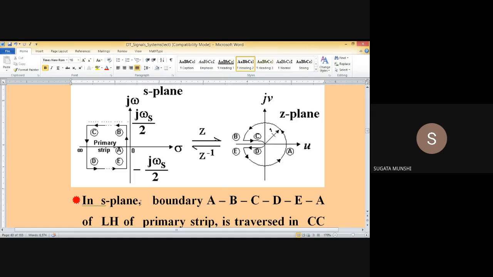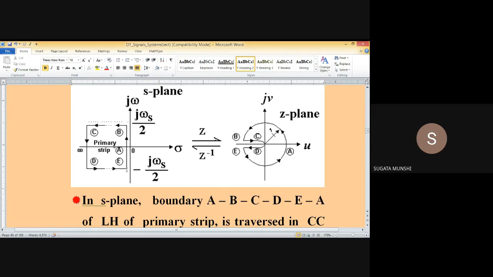All right. As you travel from D to E, the value of sigma will become progressively less negative. Omega will be constant at minus omega s by 2. So the argument will be constant at minus pi radians, but the magnitude will progressively increase because sigma is becoming less and less negative.